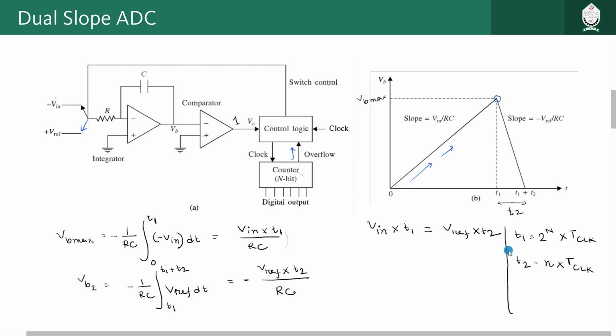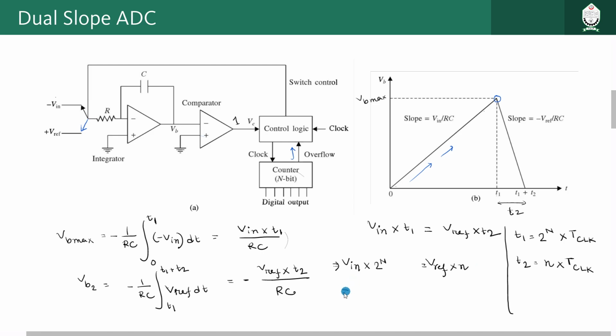So we can just replace those values here. So V in multiplied with 2 to the power n into t clock equals to v ref multiplied with small n multiplied with tclk. So we can remove the two clock periods here, and finally we get this value, right?